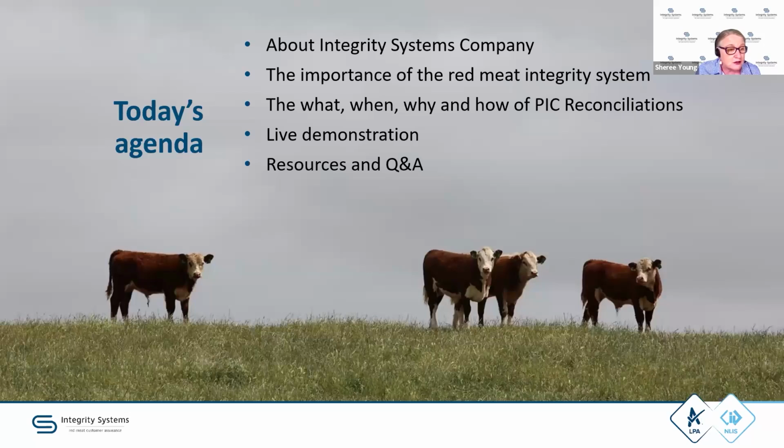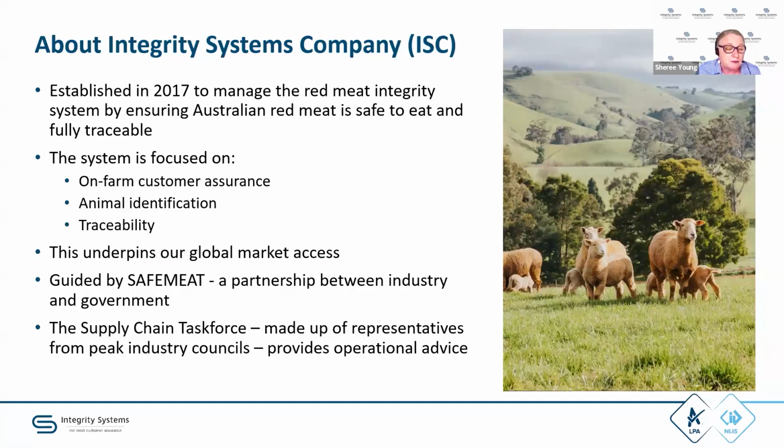So I'll just go into the next slide. Basically, this one is a bit of background on Integrity Systems Company. By way of background, in case you didn't know, Integrity Systems Company is a wholly owned subsidiary of Meat and Livestock Australia. ISC was formed in 2017, and our chief task is to manage the red meat integrity system. The integrity system's key focus is on-farm assurance, animal identification, and traceability.